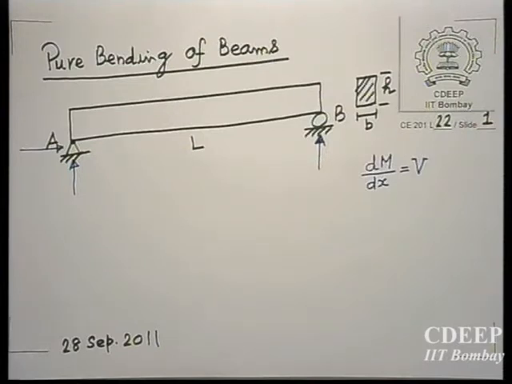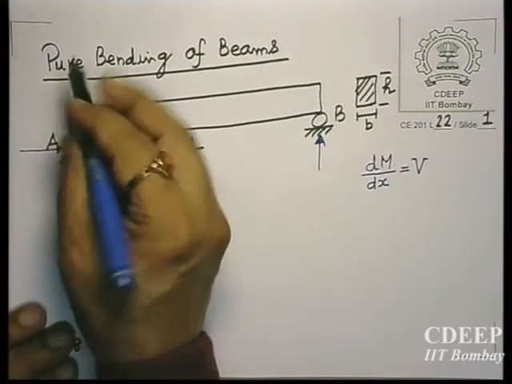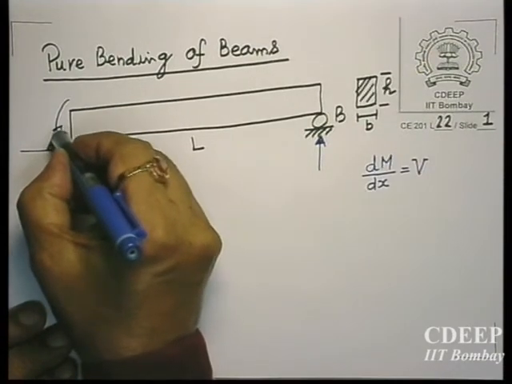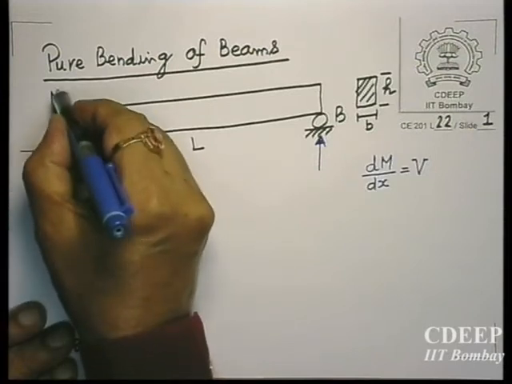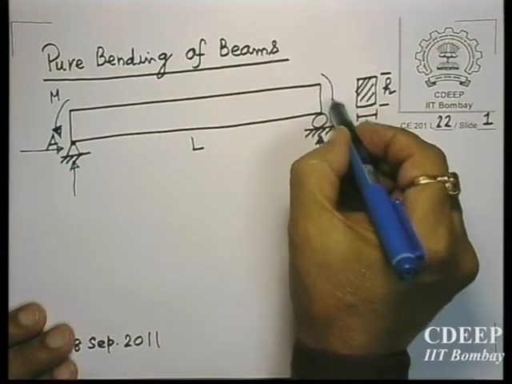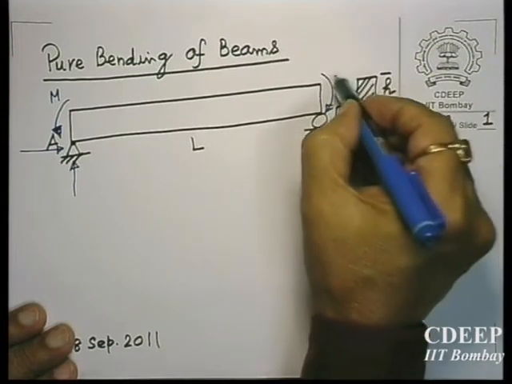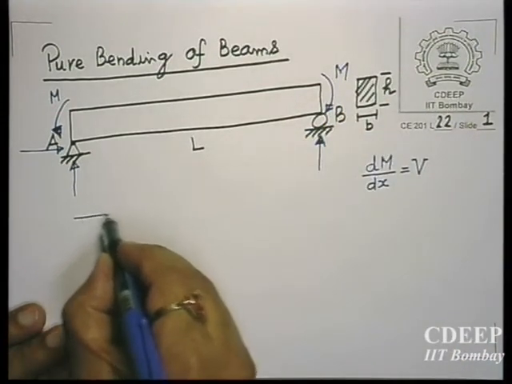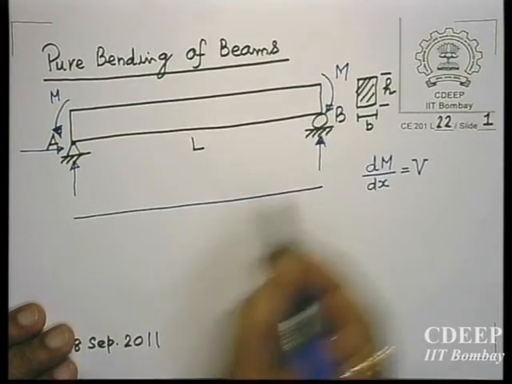I think the best thing is to ensure that there is no change in the bending moment. So the best one is, let us say that this is subjected to a moment M here and a moment M here. At the two ends I am applying moment. Along the length, the depth need not be shown.